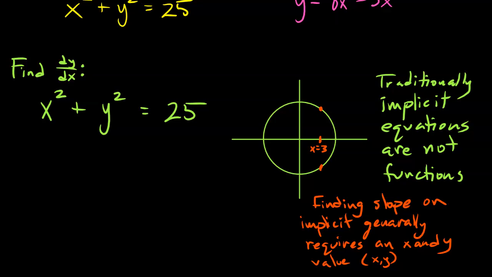It won't say find f prime of x, because f prime of x is function notation. And that's part of the reason why calc has all sorts of different notations that mean the same thing. Equations can be written lots of ways. So it'll generally say find dy dx, and this is the same thing as f prime or slope.